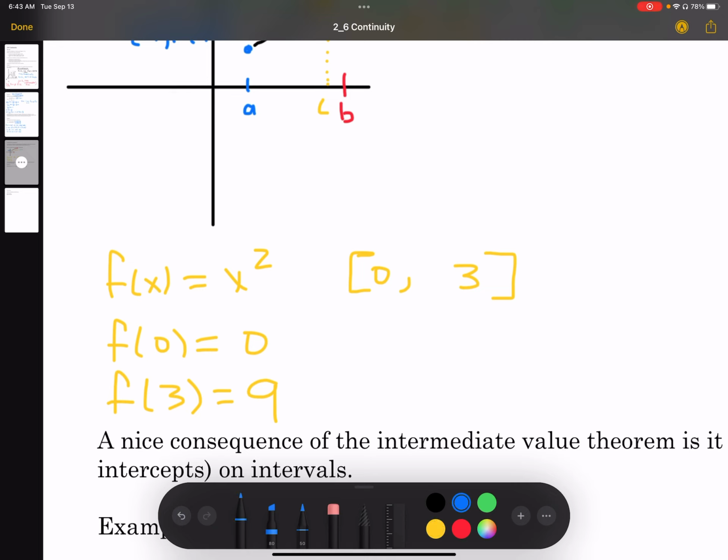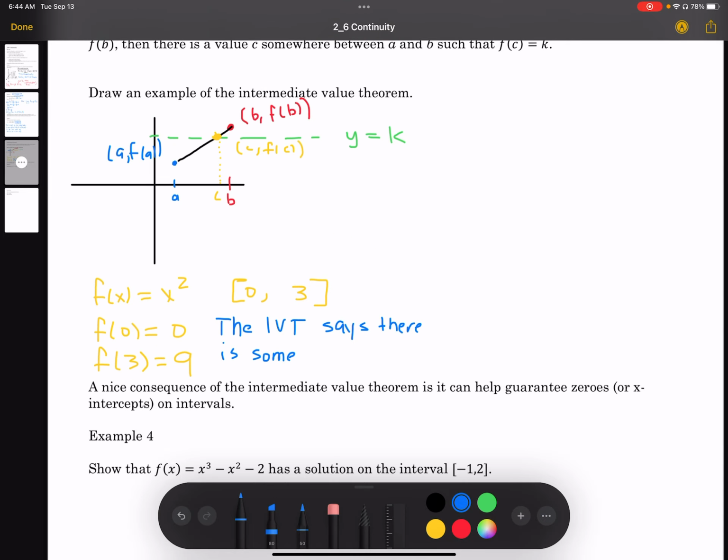So here, we'll say the intermediate value theorem says there is some x such that f of x is equal to 4.